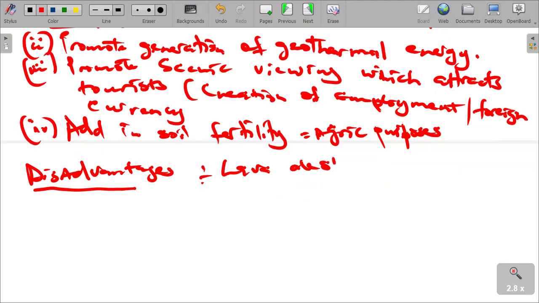Lava destroys our natural ecosystems. It destroys our natural habitats. Remember that the lava is very hot. I'm sure that we have seen volcanic eruptions and earthquakes.